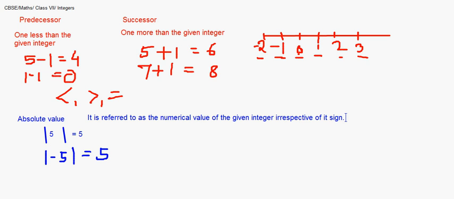You just have to be looking at the numerical value of the given integer. So if I'm writing any negative integer, that becomes 5 itself, and even the positive will have the same value.